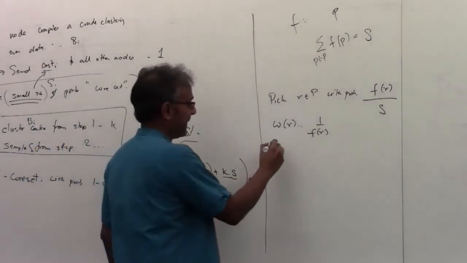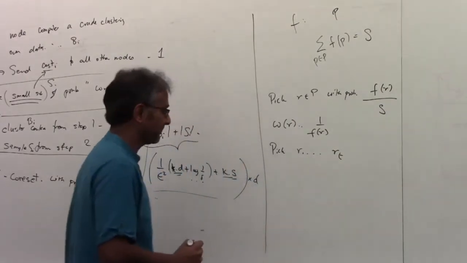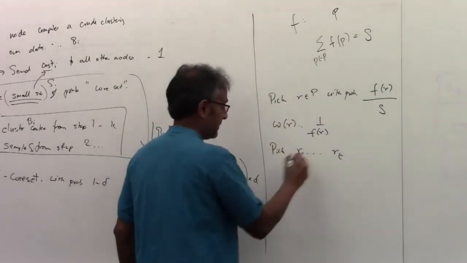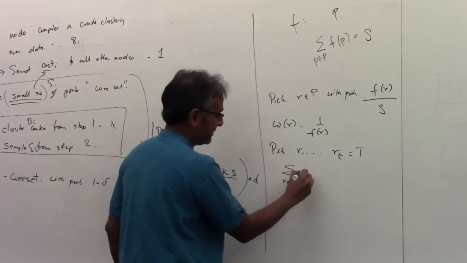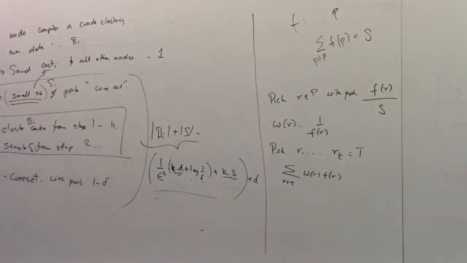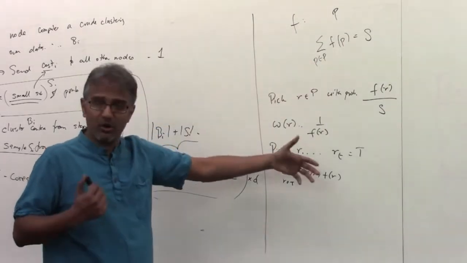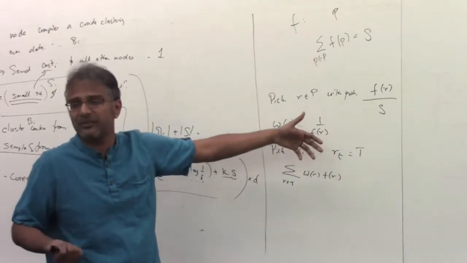Then I'm going to pick r1 up to rT, with their weights, and then compute their weighted sum. So, let's say this is subset T, the sum over r belonging to T of weight of r times f of r. This weighted sum is going to be my estimate for the true sum. And again, if you're wondering where I'm going with this, imagine this was actually the clustering cost. What I'm saying is that I want to compute some random sample so that the cost of the clustering of the random sample is close to the true cost. In other words, it would behave like a coreset.